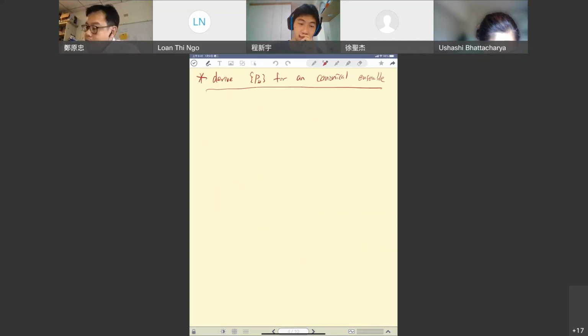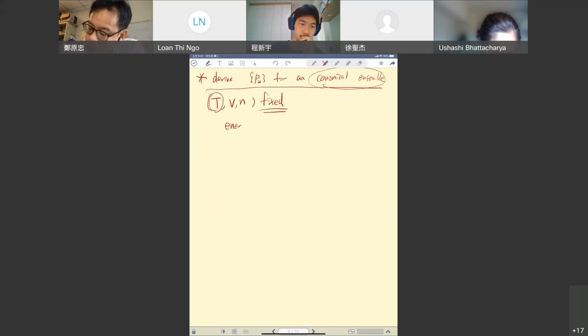So in a canonical ensemble, we have temperature, volume, and number of particles fixed. The temperature is fixed, but energy can still fluctuate. Be careful about this logic here.